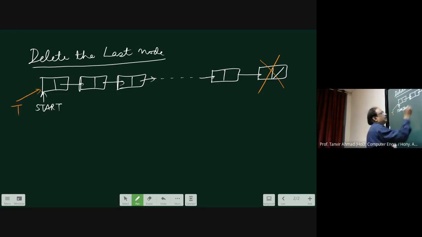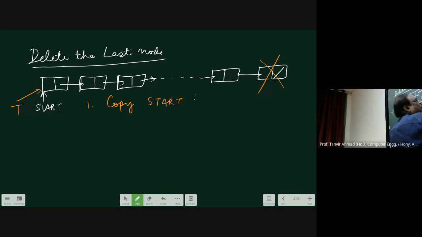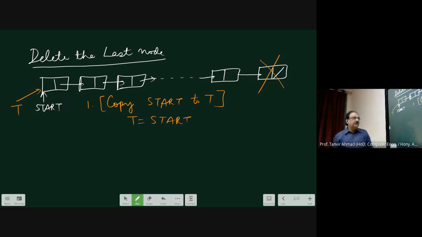I will say 1, copy start to T. I will write T is equal to start. Then I will perform traversal.